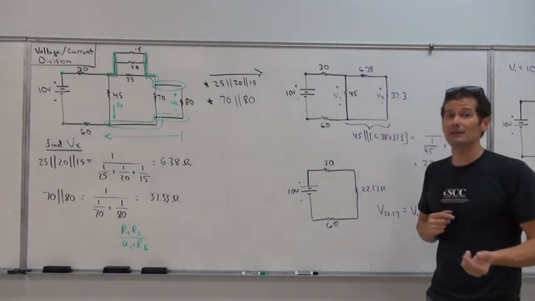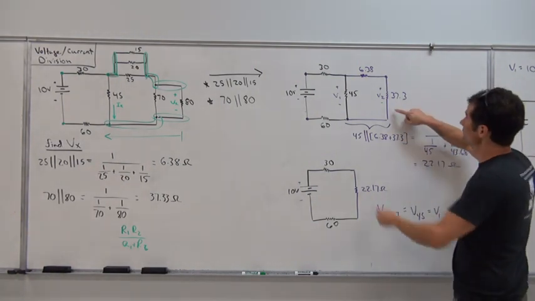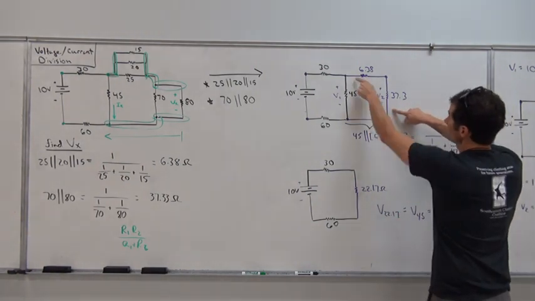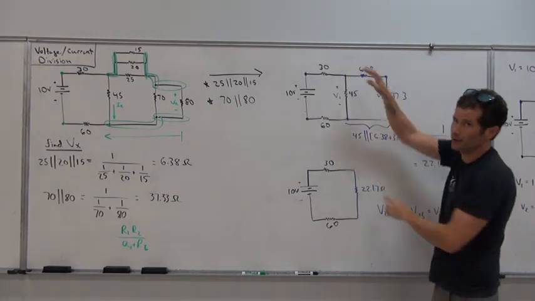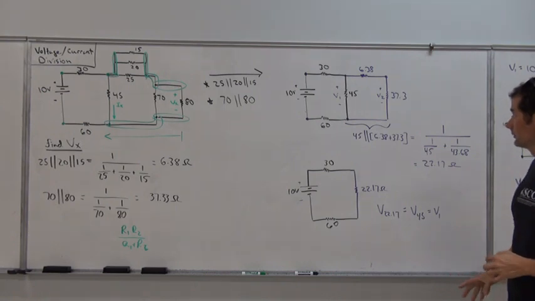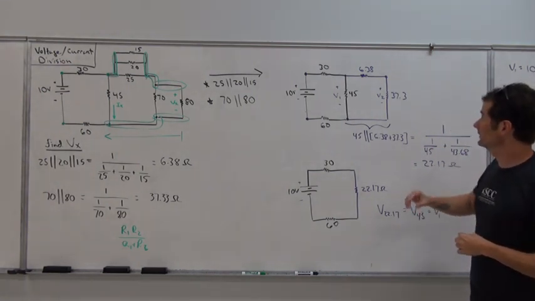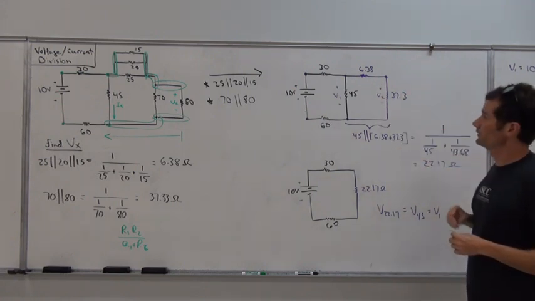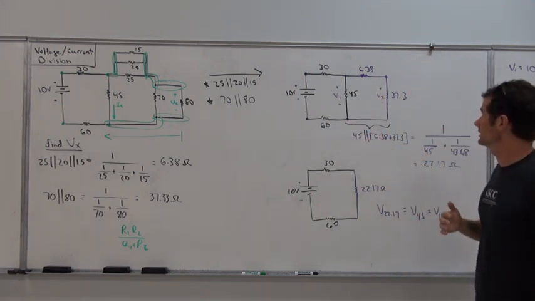Remember, series elements have the same current, different voltages. So the voltage across both of these is also the same as the voltage across the 45 ohm resistor. In order to find the voltage across that 45 ohm resistor, we need to break down the circuit again.